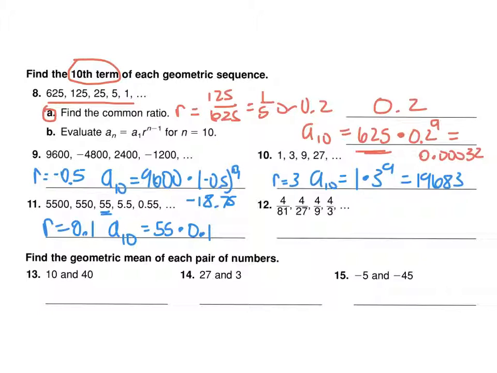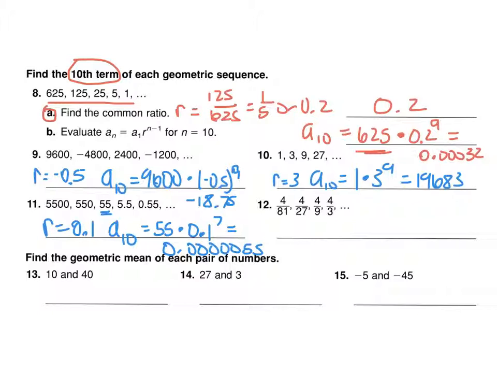This 55 is the third term, so we're going to raise it to the 7th power because 10 minus 3 is 7. And when we do that, we get this crazy decimal. I'm going to squeeze it in here. 0.0000055. So it's interesting. All of these terms have 2 5s in them. It's just a matter of where the decimal place is.